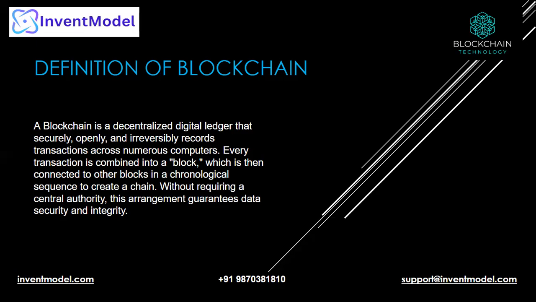So this is a decentralized system, which is very secure. Obviously, if one small or minor change can be noticed by 100 computers, or we can say 100 nodes, then this data is very secure.